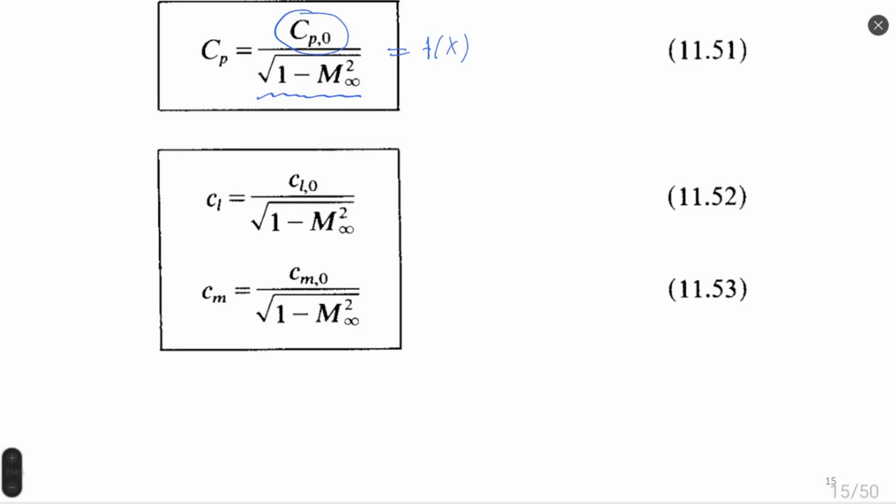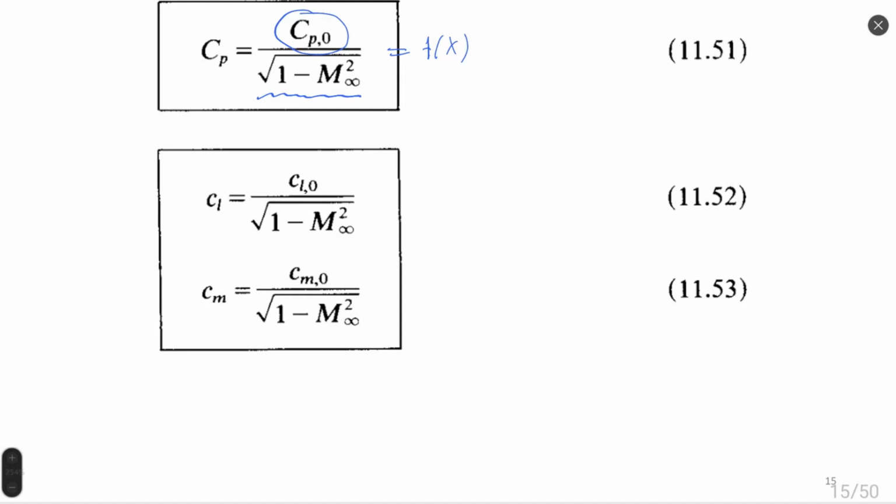So this equation 51 also gives us a function of Cp distribution with these compressibility corrections implemented. Since we know that the denominator of equation 51 is just a constant, we understand that Cp and Cp0 would be proportional curves with the proportionality coefficient 1 divided by this beta.